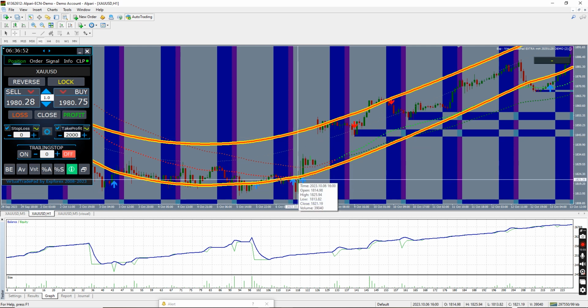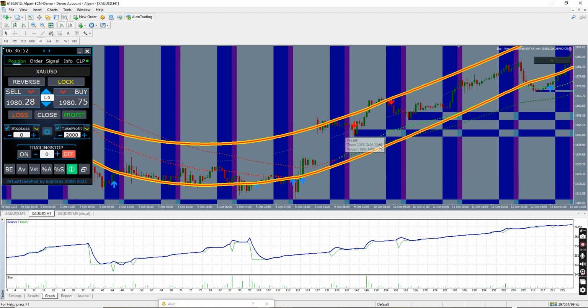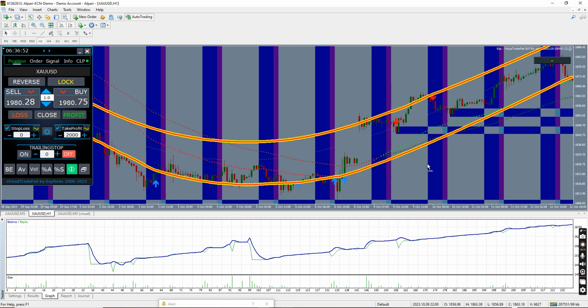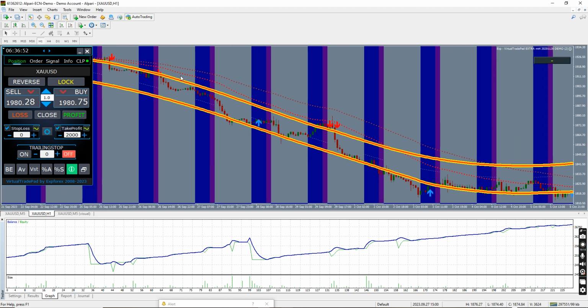This one here went outside the box, so you can also trade it as a signal. What happens here is that it took the take profit and spiked up. So you can trade it if you want, but the more secure trade is those with the trend.